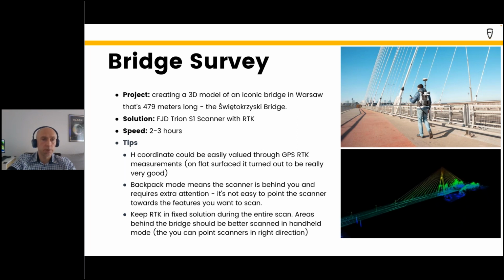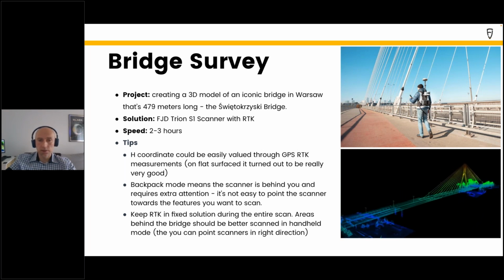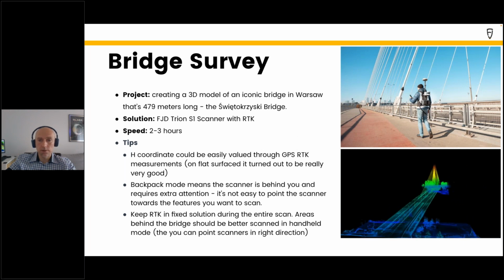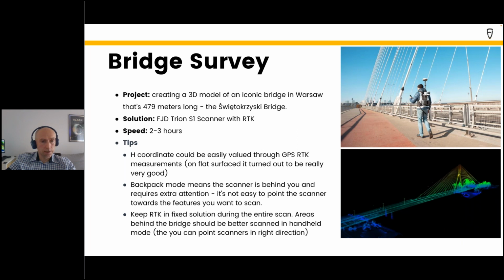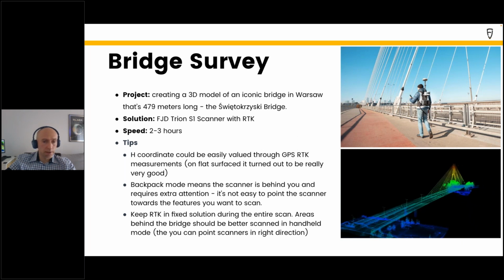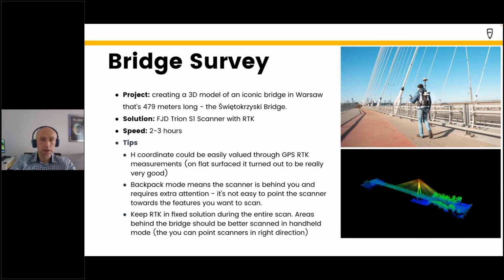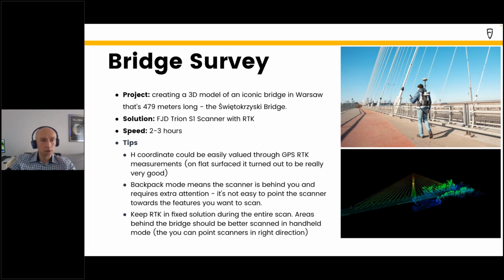I believe it will happen soon that surveyors will use scanners rather than total stations and GNSS rovers for many jobs. On the slide, you can notice that you can easily control the H or Z coordinate of your project with independent measurements.